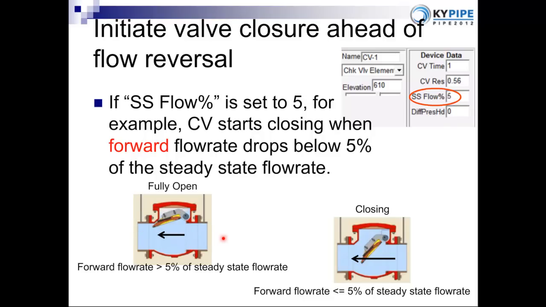Even the disk itself requires a certain velocity to stay in its position. As the flow velocity decreases, even in the forward direction, there is not enough pressure force to keep this disk in its position. The disk may start dropping, which is a good thing because after the flow reversal, right when the flow becomes zero, it has much less distance to travel and gives a much better response.